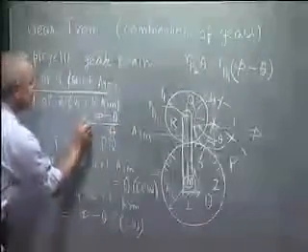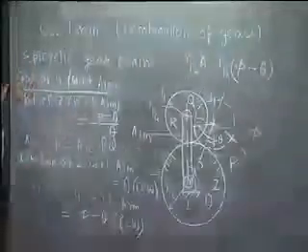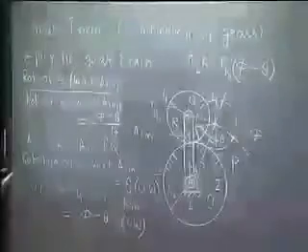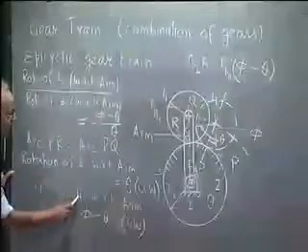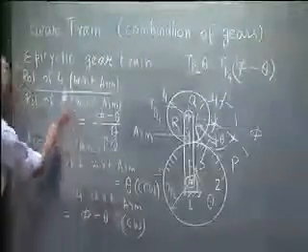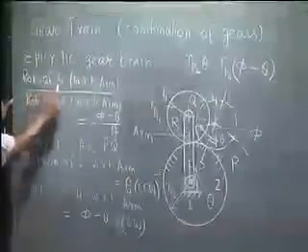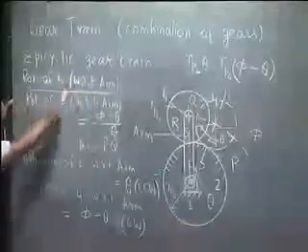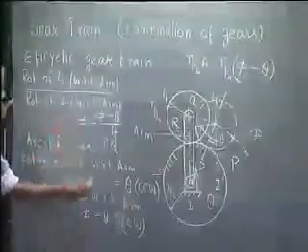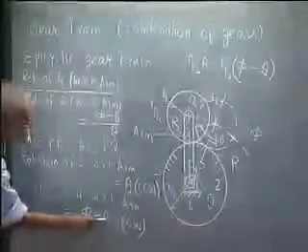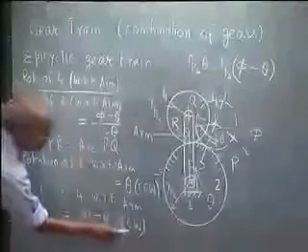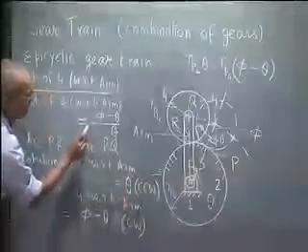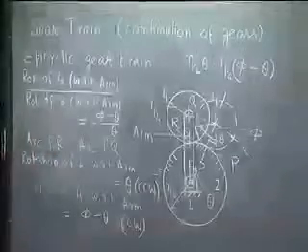So I put a negative sign. So we see that in this epicyclic gear train, the relative rotation of 2 gears with respect to the arm, rotation of 4 with respect to arm divided by rotation of 2 with respect to arm, is phi minus theta divided by theta, but this is clockwise, this is counterclockwise, so I put a negative sign.